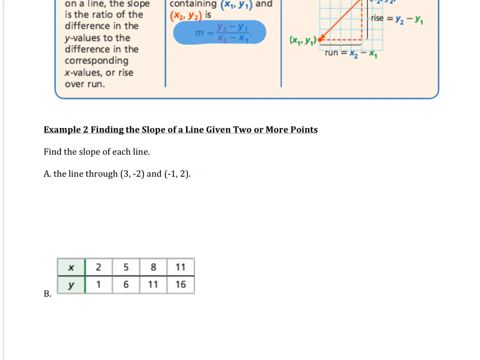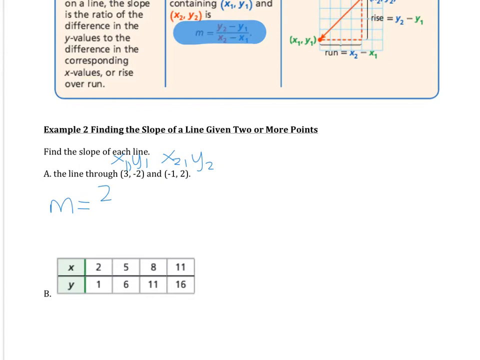So the first thing you want to do when you're trying to find the slope of a line that passes through 2 points is identify x1, y1, x2, y2, and then just put it into your formula, which I'm not going to rewrite. You can look at it up there.